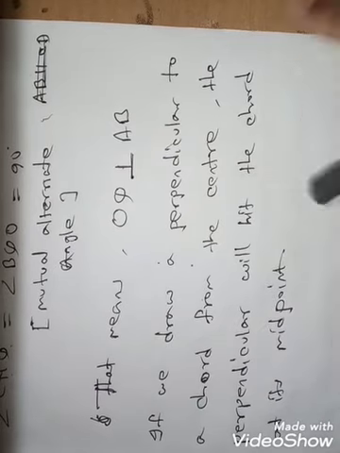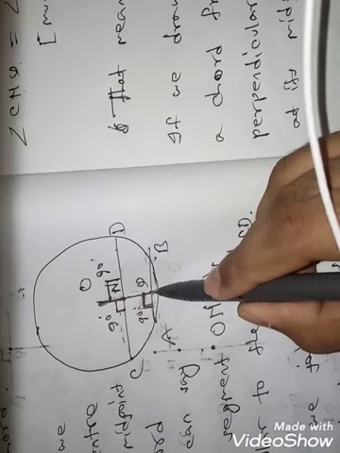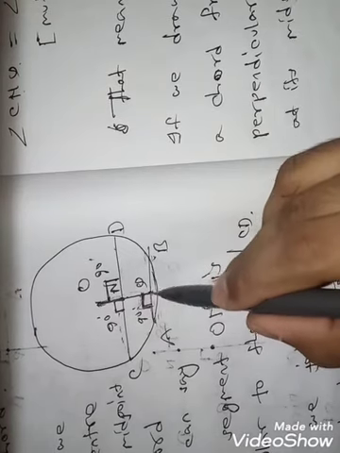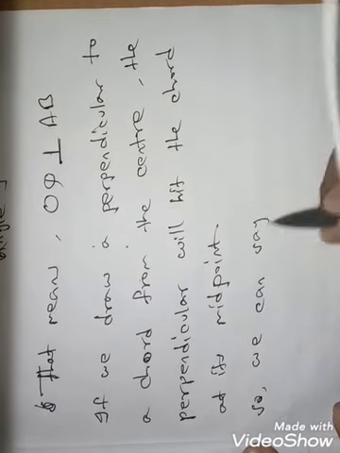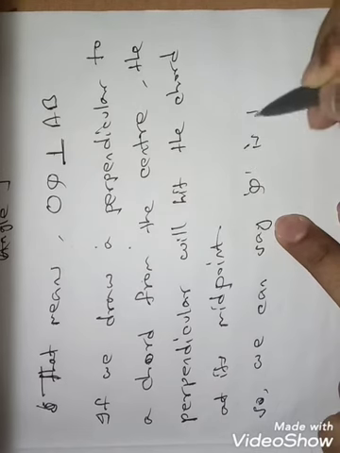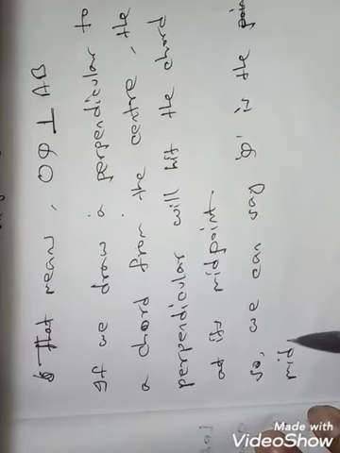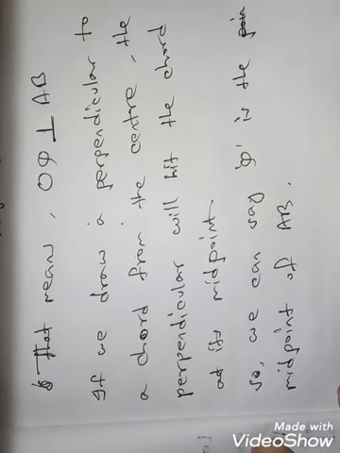By this theorem we can say that this point is the midpoint of AB. So we can say Q is the midpoint of AB.